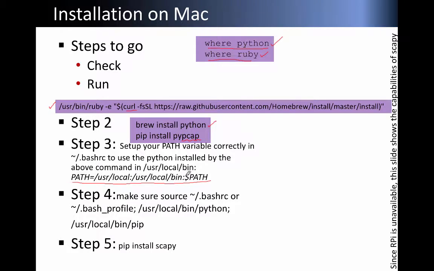Finally, $PATH means whatever path is defined on your Linux operating system. If it is Kali, then Kali's path; if it is Raspbian, then Raspbian's path, or Ubuntu. The operating system itself has a path expression, which is labeled by $PATH. So that is appended to the end of this new path expression.